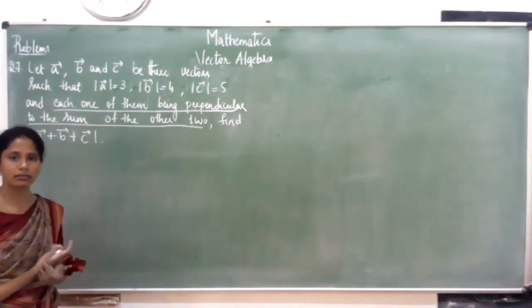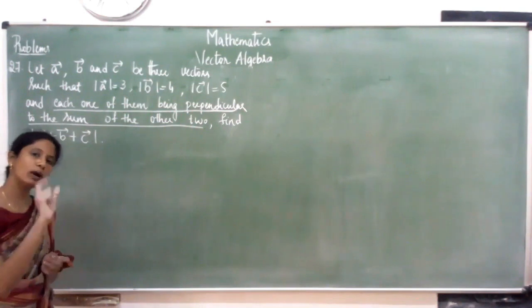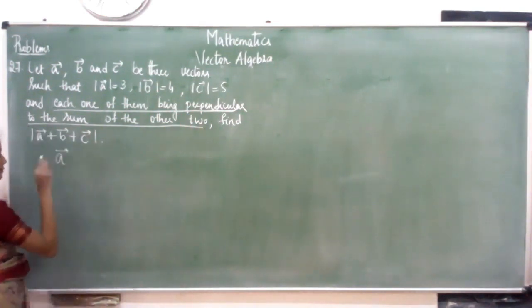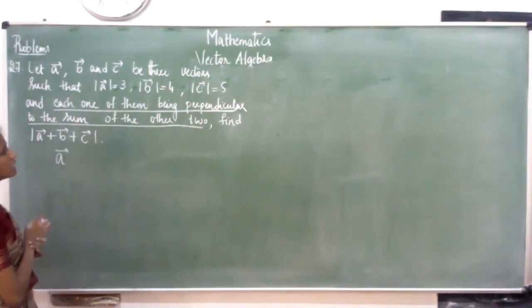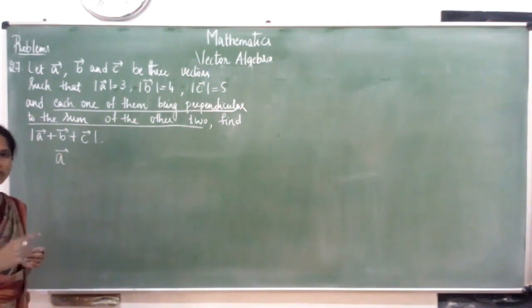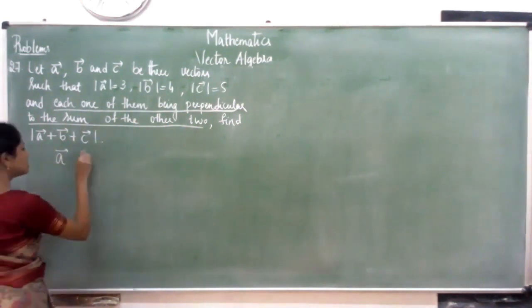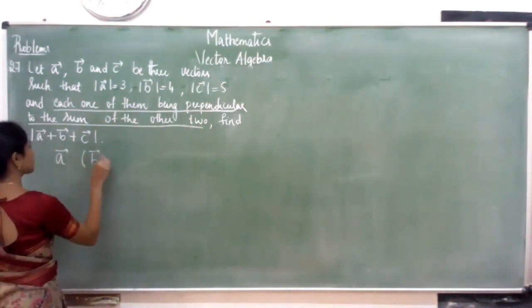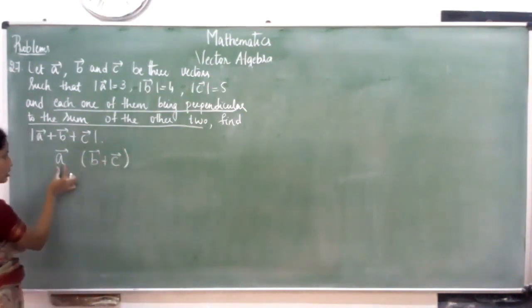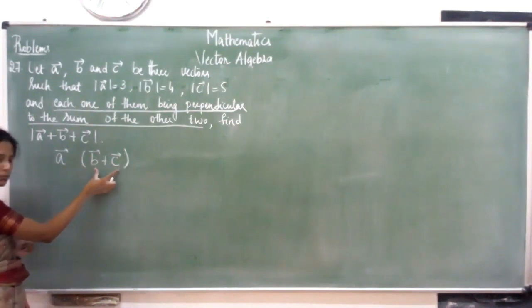Let me consider any one vector out of the 3 vectors. So I will consider vector A. Each one of them is perpendicular to the sum of the other two. Sum of the other two means you should take the remaining 2 vectors' sum. Means this is perpendicular to this.